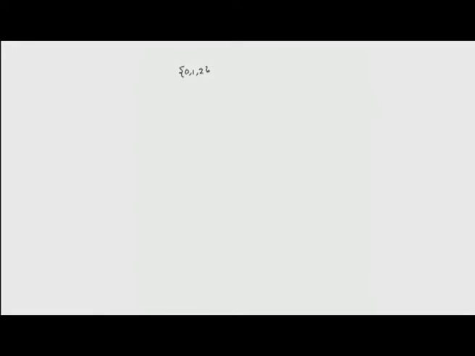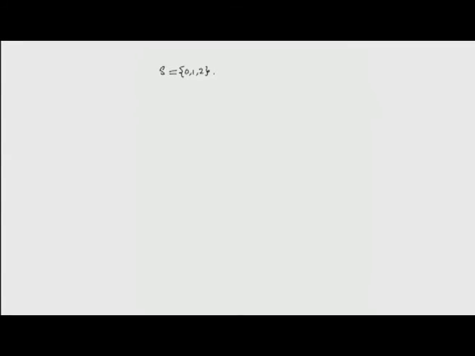Here, let us write the set 0 1 2. The first step over here is to list all the non-empty subsets of 0 1 2. If we call this set S, then the set of all non-empty subsets will be P S minus the set containing phi, the empty set.